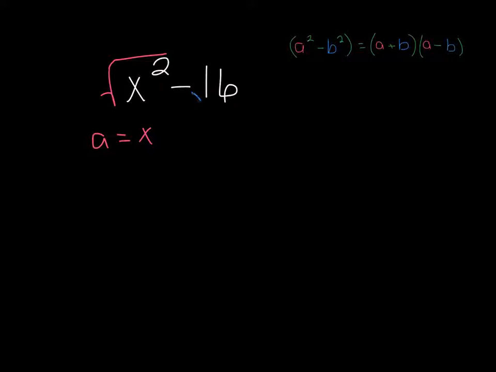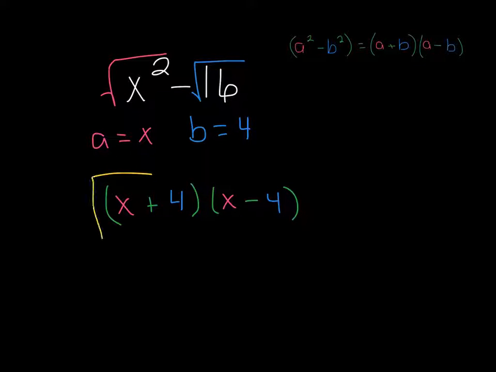And to find B, we take the square root of the last term without the subtraction sign and we get 4. So now we just plug it in. You have x plus 4 and x minus 4. Now keep in mind, you could put the minus first. That order, which one comes first, is not important.